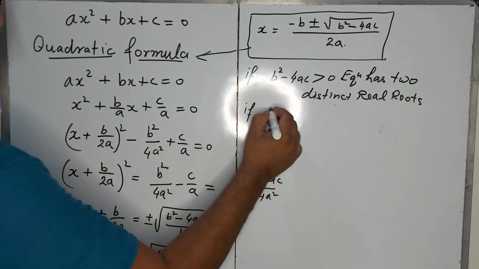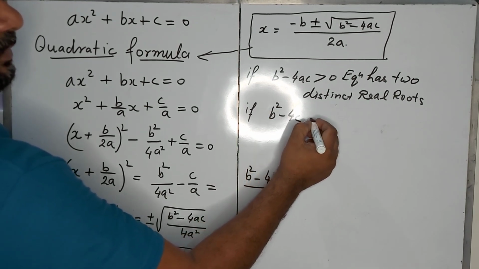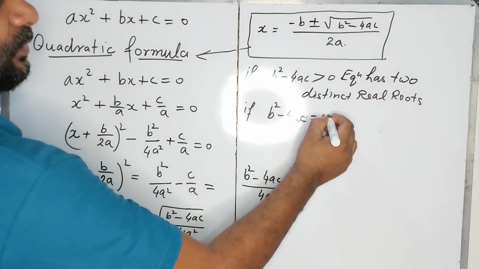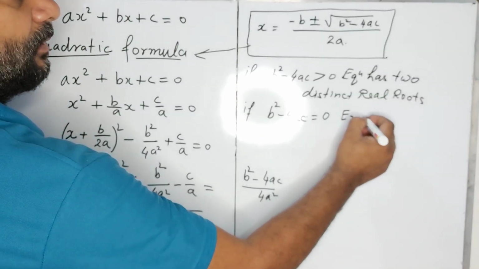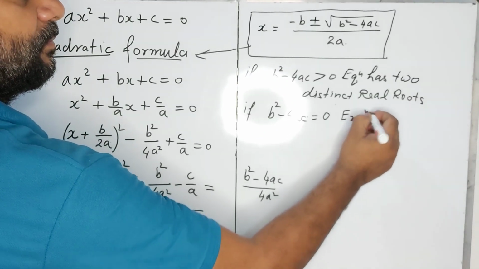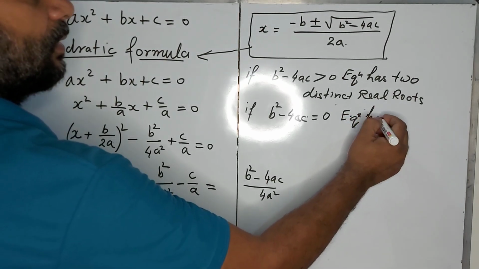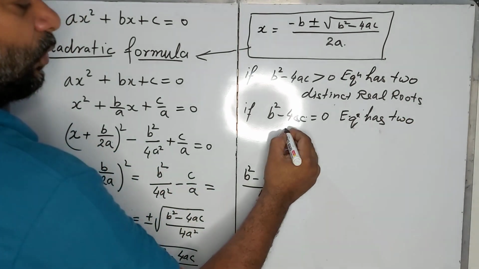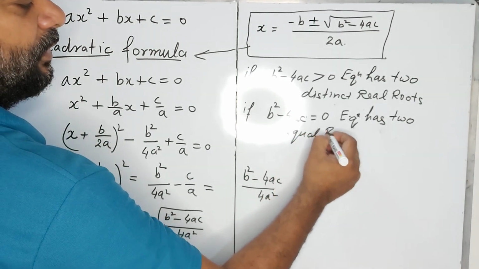If b square minus 4ac is equal to 0, then the equation has two equal real roots.